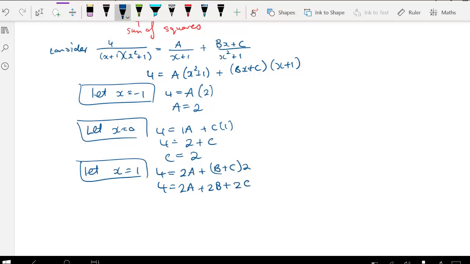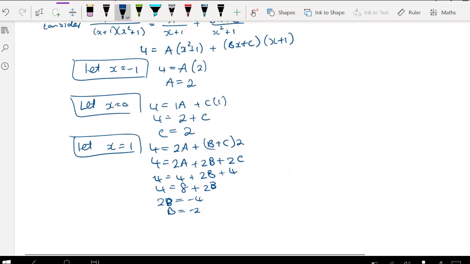And when we put in a and c, we've got 4 is equal to 2 lots of a, which is 4. We don't know b yet. And 2 lots of c, which is 4. So we have 4 is equal to 8 plus 2b. Subtract 8, and we have 2b is equal to negative 4, and b is equal to negative 2.